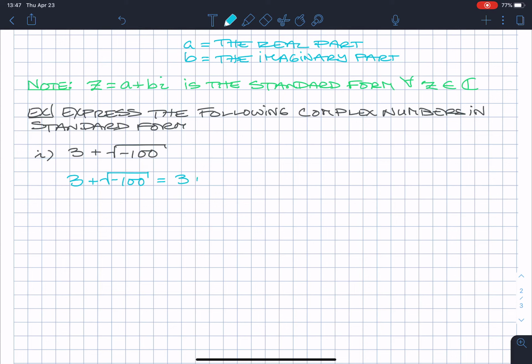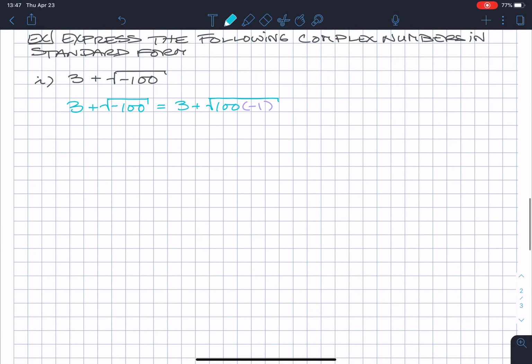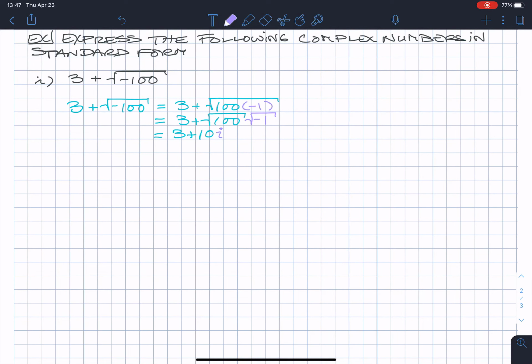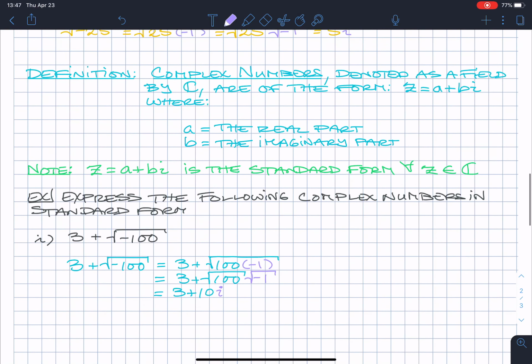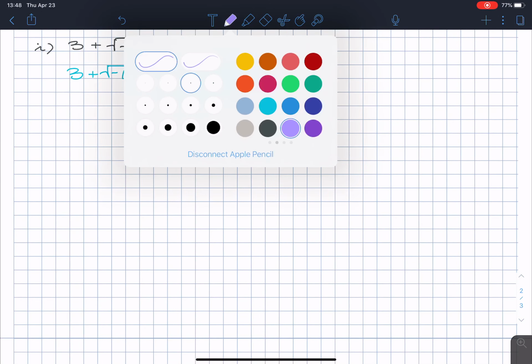So that's 3 plus the square root of 100 times -1, which is going to be 3 plus the square root of 100 times the square root of -1. So that's going to be 3 plus 10 times I. And there we are in standard form. Should I leave a space in between? Hopefully you guys are able to see that, it's not too crunched together.